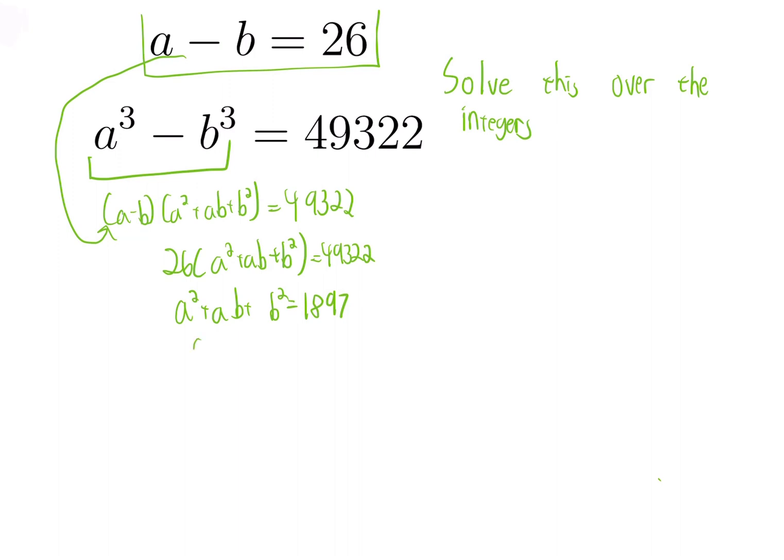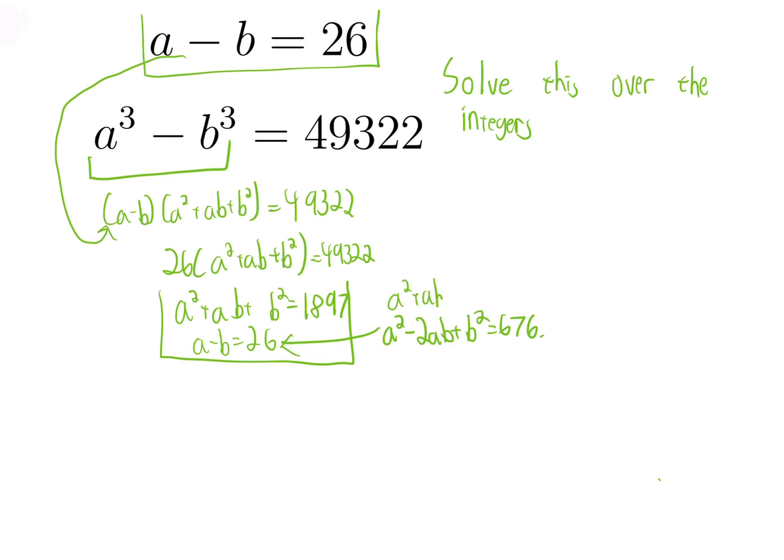And also, we know that this is true. So we want to somehow combine these two equations. Let's square this one to see if we can get something like the first one. We'll get a squared minus 2ab plus b squared is equal to 676. And so we also have a squared plus ab plus b squared equals 1897. Let's subtract these equations.